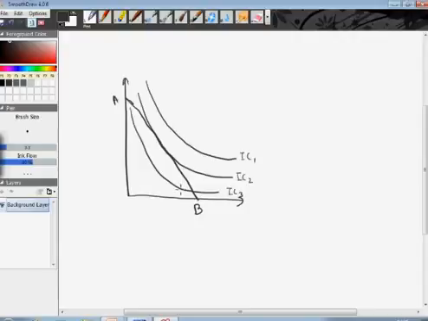The indifference curve IC2 and the budget line AB pass through a point E. This is the quantity Qx which should be used, and this is the quantity Qy which should be used.